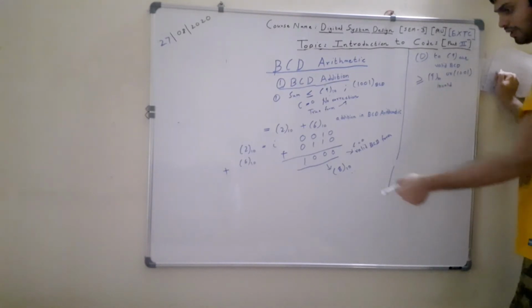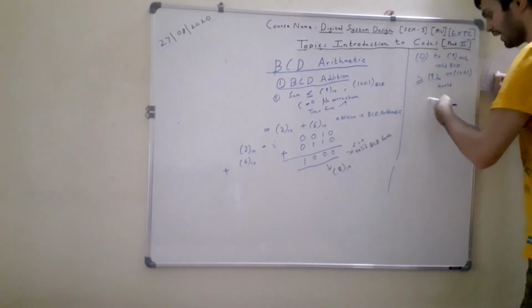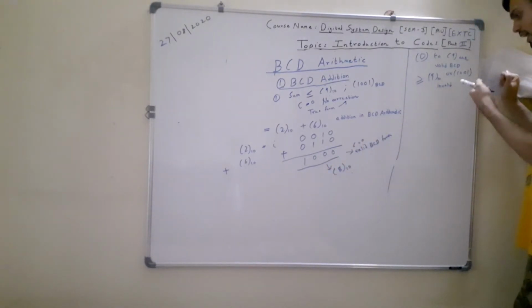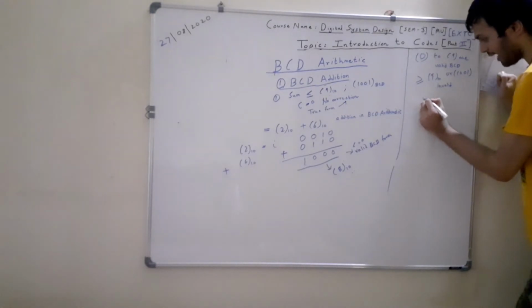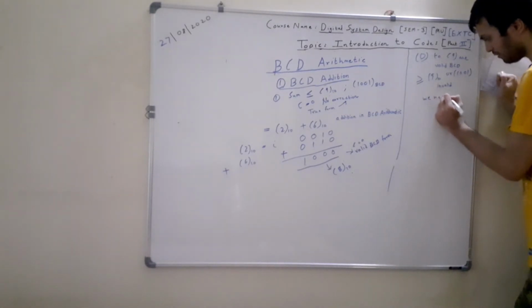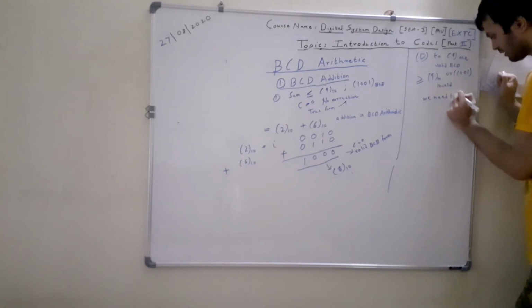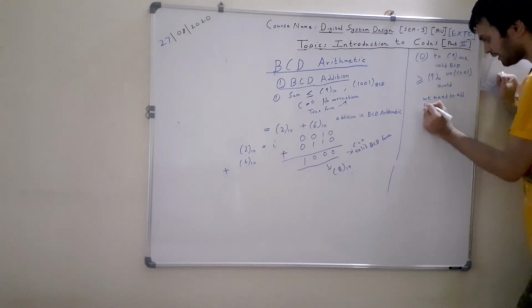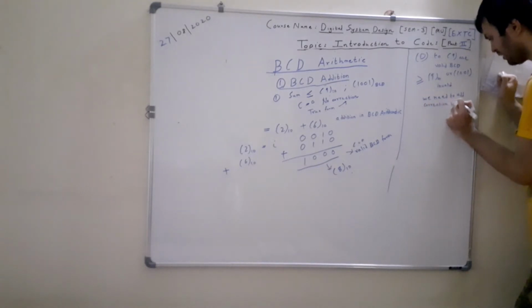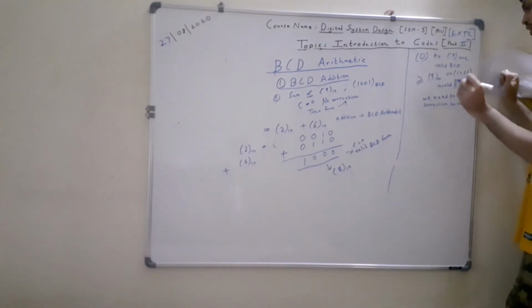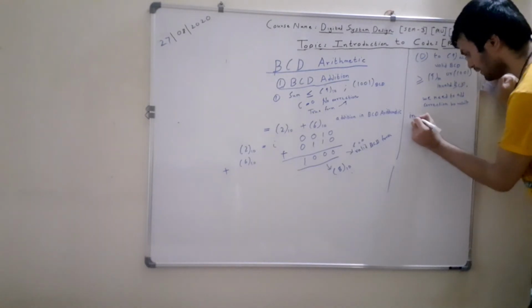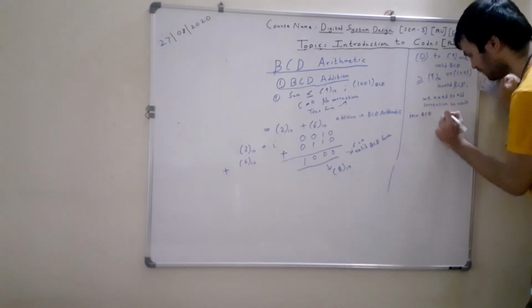So when you get a result which is greater than 9, which is considered invalid BCD, we need to add a correction to the result, to convert invalid BCD to valid BCD.